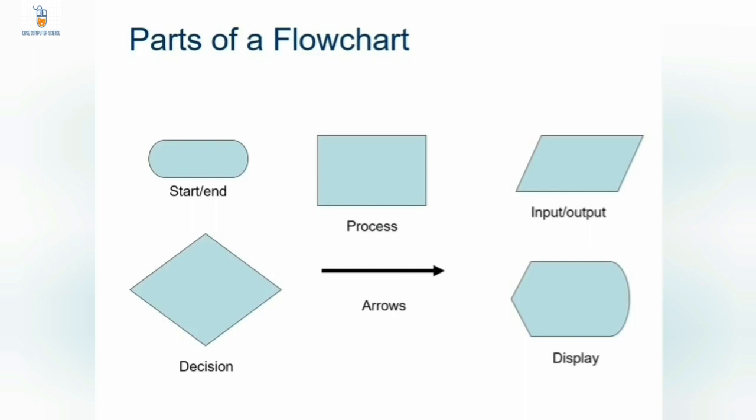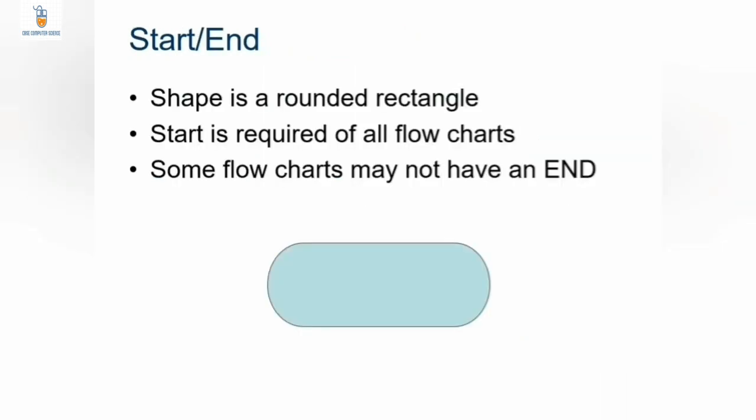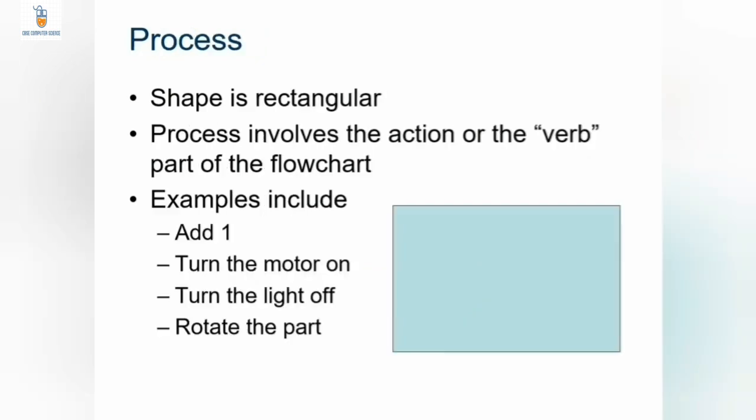Now these are some basic symbols used while drawing a flow chart. So remember, for start and end we use a rounded rectangle or oval. Start is required in all the flow charts and end is also required in all the flow charts. So we always start and end a flow chart with this rounded rectangle or oval shape.